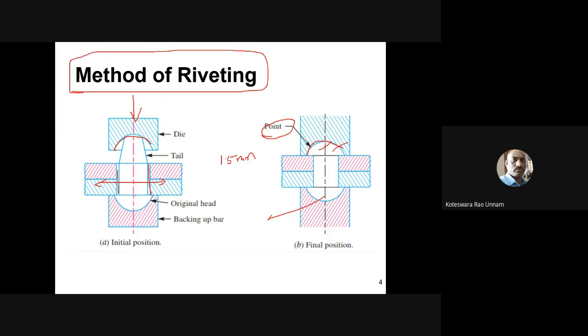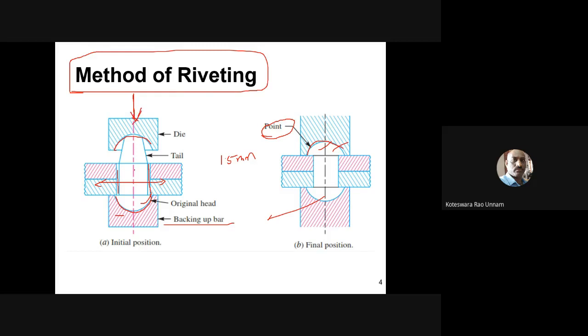The process is simple. First, you need to drill the holes in the two connecting plates. Then you insert the rivet into them. This is the head of the rivet, the original head, and this head is supported by some backing up bar. Then on the tail side, a die is placed on the tail and a compressive force is applied to the die.